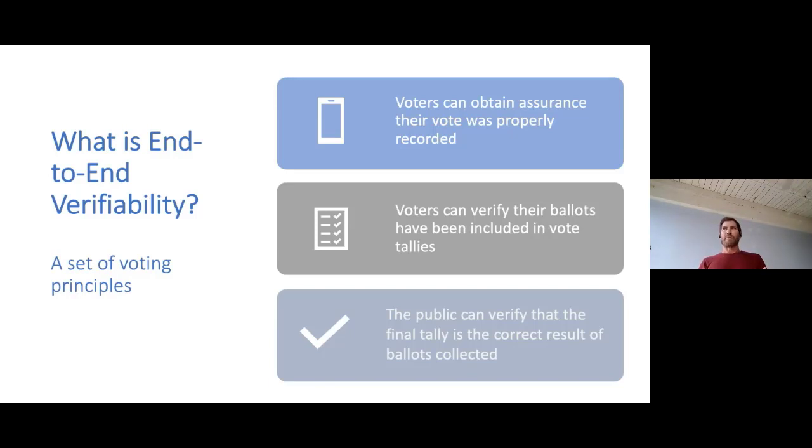What end-to-end verifiability does is allow you to release the records in their encrypted form, so you maintain secrecy. You can't just publish the records, but you release them in a way that allows them to be independently verified that the tally was correctly obtained. And because it's public, the scrutiny shifts from the security of the systems to verifying the results of the election. You still have to maintain security of the systems, obviously, but the proof is in the pudding of the published results.